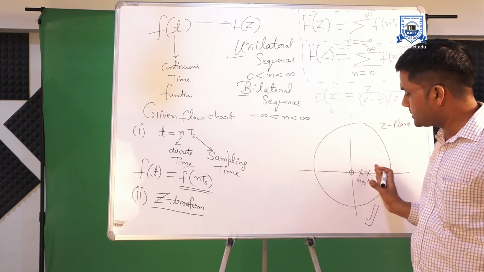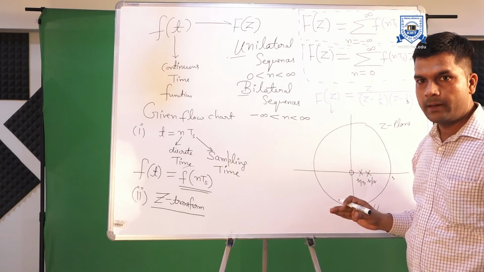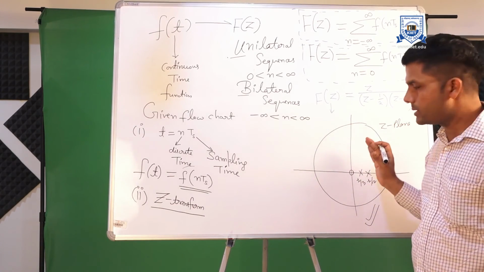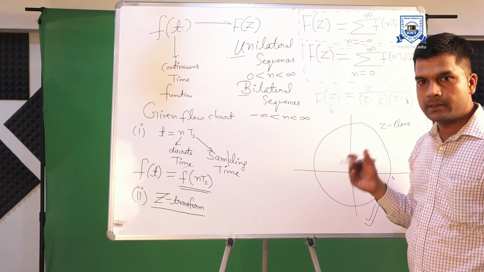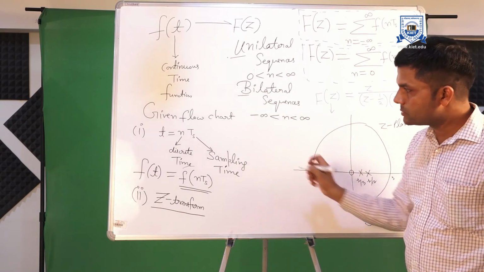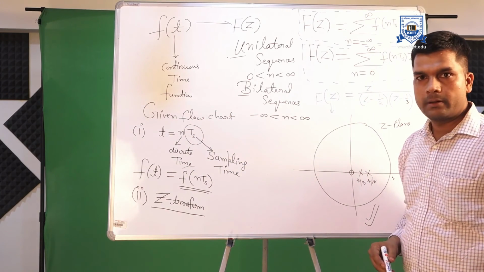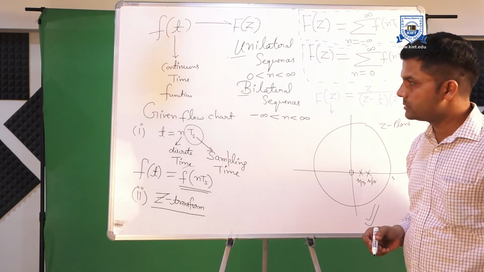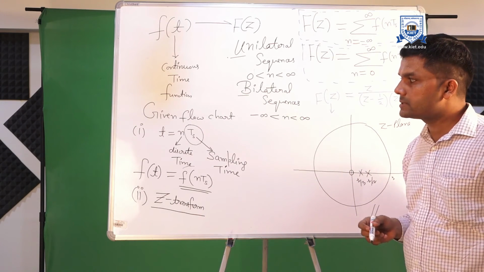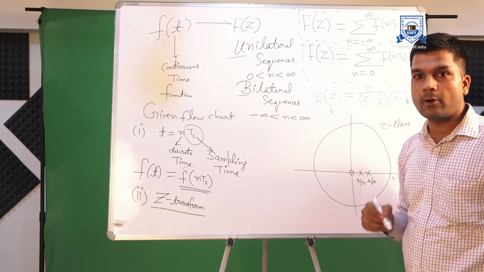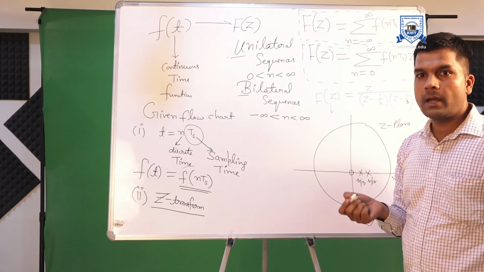It can shift the poles inside or outside. If poles are outside the unity circle, then we can say the system will be unstable. So selection of Ts is very important in a control system. The main objective of this subject is to choose Ts according to the application.